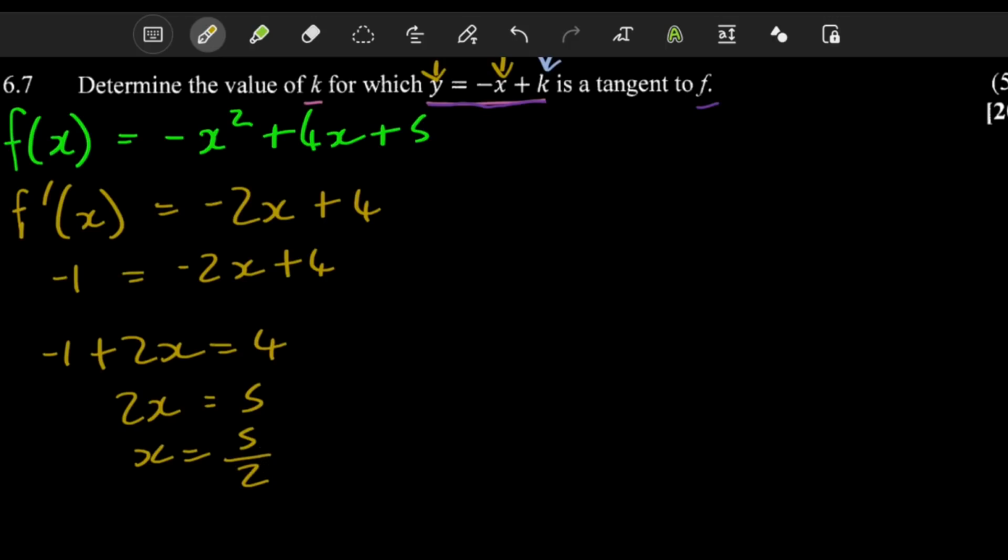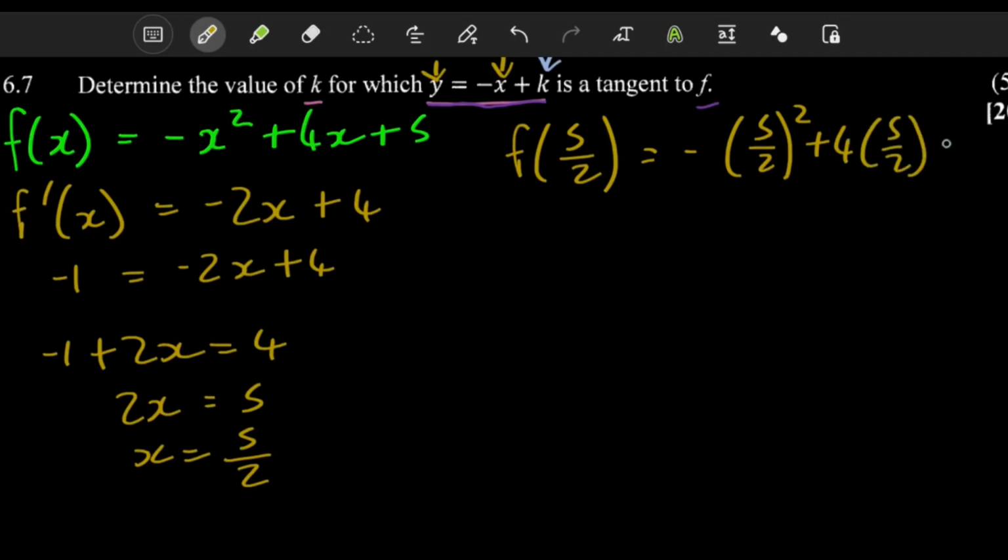That's the x value. To get the y value, you can just throw this x value into the original equation, because this has given you an x value where the gradient is -1. So for you to find the y value where x is 5/2, you use the original equation and throw in your x value as 5/2, and then solve for y. So all this into the calculator.